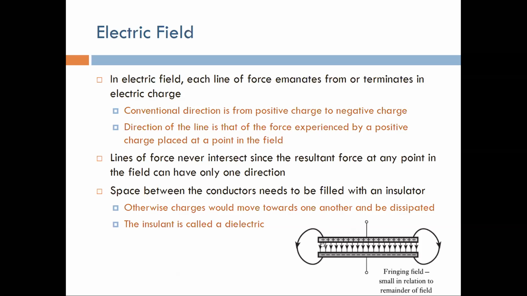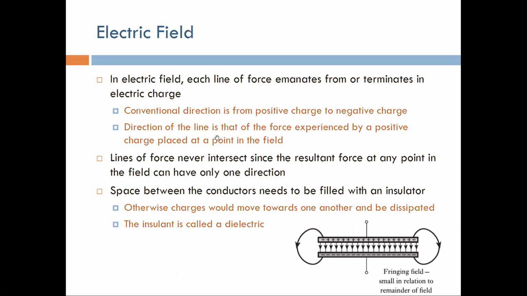So basically, a basic electric field is just a bunch of lines going from positive charges to negative charges. The conventional direction is from positive to negative charges. So if you have positive charges on the upper plate and negative charges on the lower plate, then the electric field will go from the positive to the negative charges.